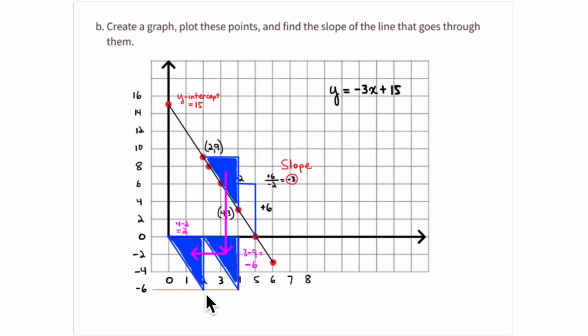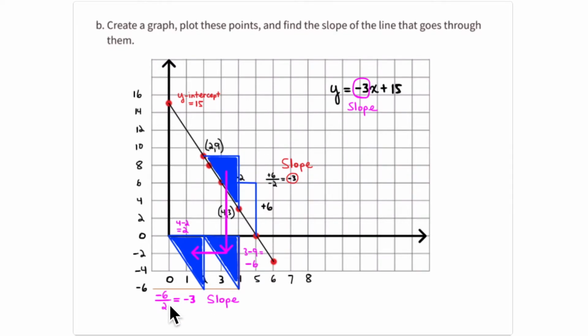So this point right here is 2 units in the positive direction along the x-axis and 6 units in the negative direction along the y-axis. So its lengths are positive 2 and negative 6. The ratio of the length along the y-axis to the length along the x-axis is negative 6 over a positive 2, which equals negative 3. So you get negative 3 as the slope.